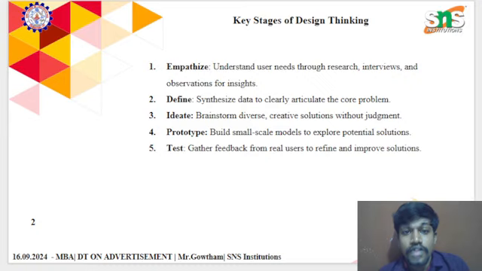Many platforms are available for empathizing with the problem. Define is to synthesize the data collected from customers. We categorize the data by age, gender, location, income, industry, and taste and preference, to define the data clearly and articulate the core problem.